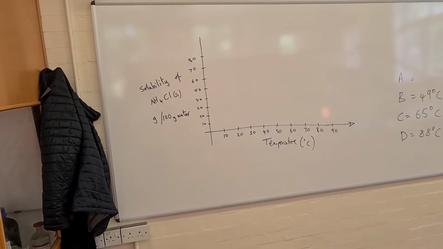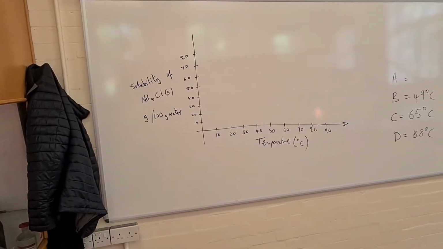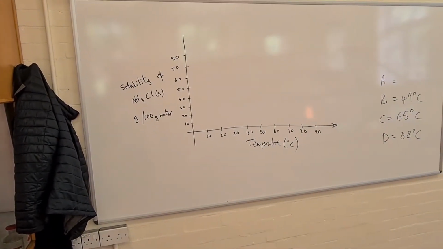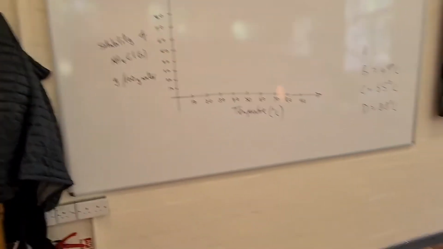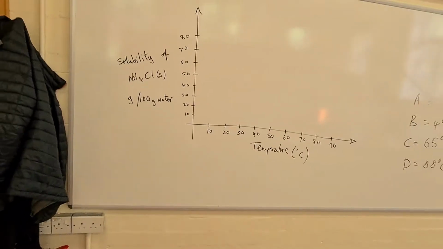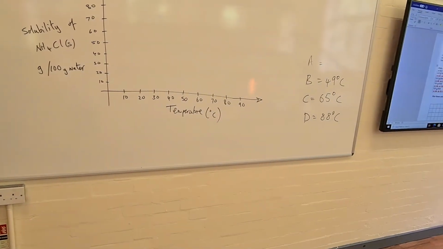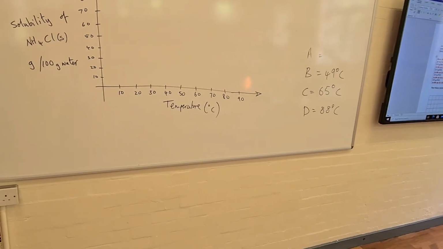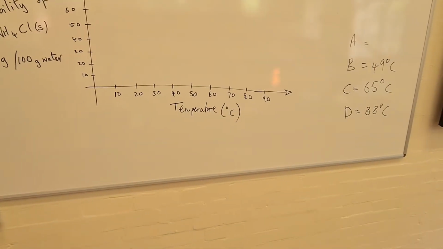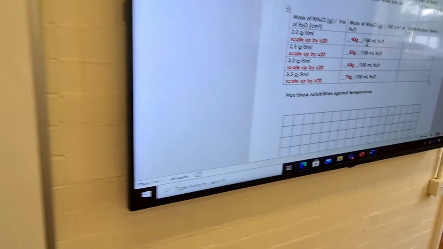I've done a quick axis there. Solubility of ammonium chloride in grams per 100 grams of water on the y-axis. Maybe put an arrow here on the y-axis, and then let's plot D. D, can you see 88 degrees? Now 88 degrees was D, where the solubility was 70.